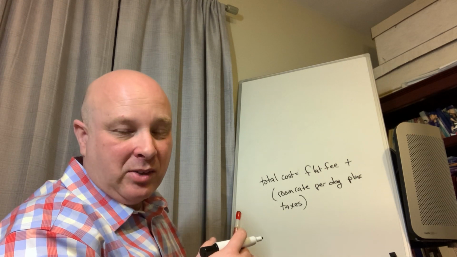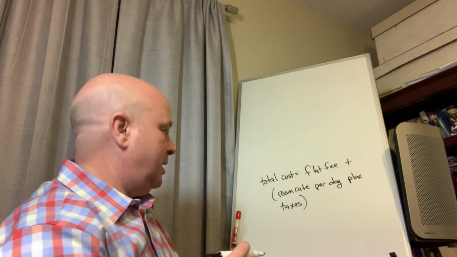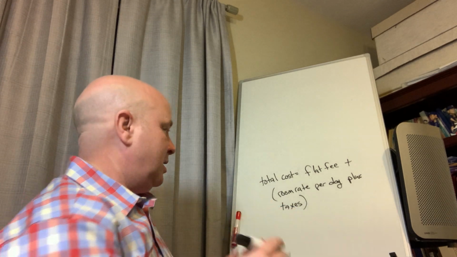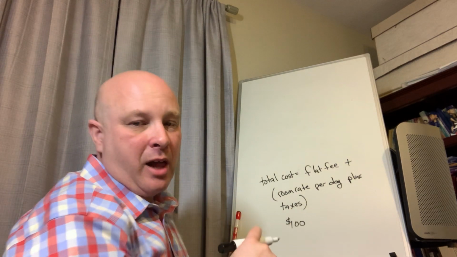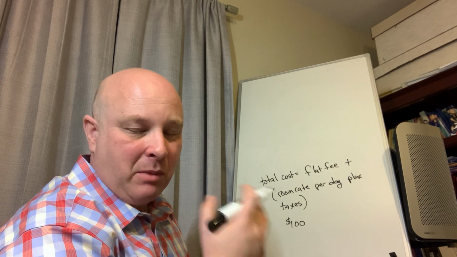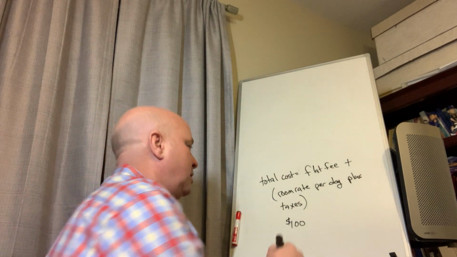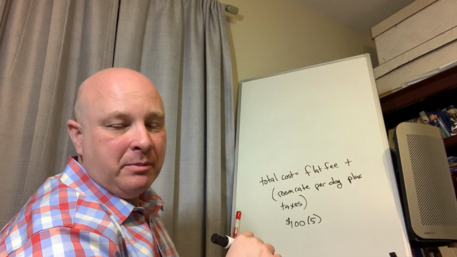I want to point this out. If we're talking about per day, let's say the example I just threw out there, it's not the same example from the worksheet, but if $100 was my room fee, and I'm staying 5 nights, that would be times 5.